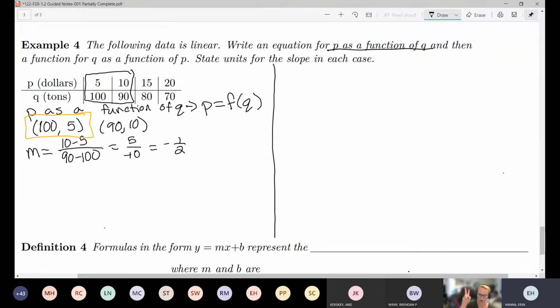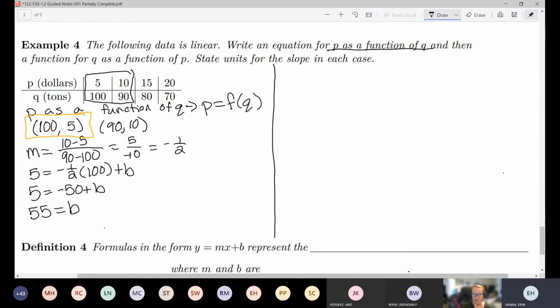So I've got to put it into my y equals mx plus b form. So I've got 5 equals negative 1/2 times 100 plus b. So 5 equals negative 50 plus b. Add 50 to both sides. b equals 55.